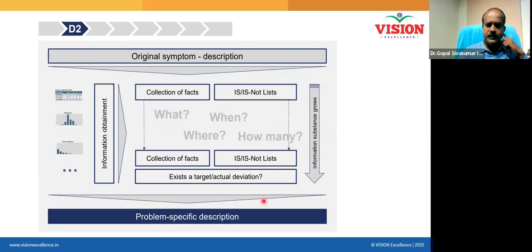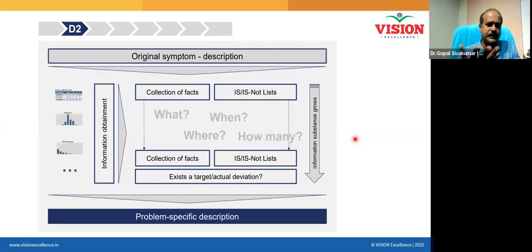And see here, the second thing, problem description. In order to write a problem description, you can use the is/is-not analysis. Ultimately, the outcome of the second step is that the correct metric is picked up.